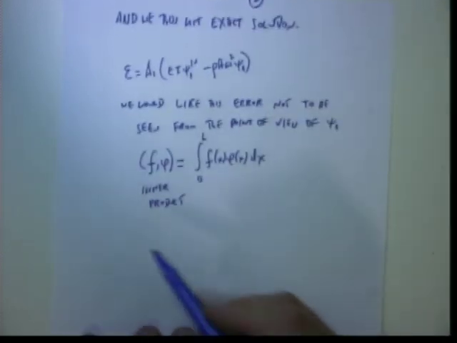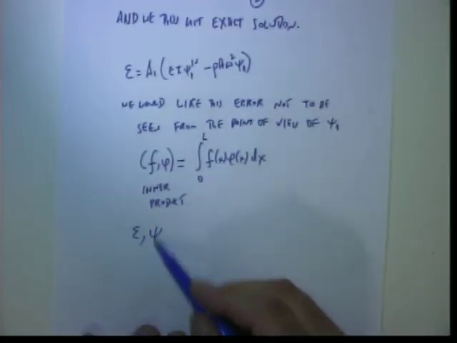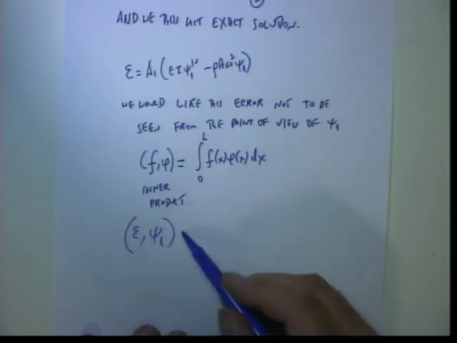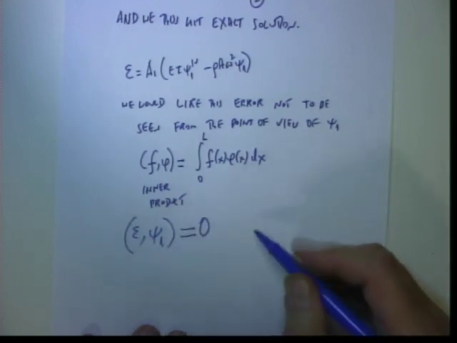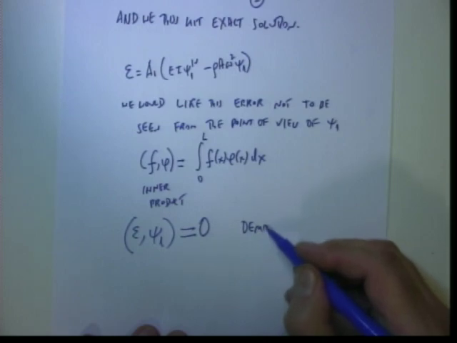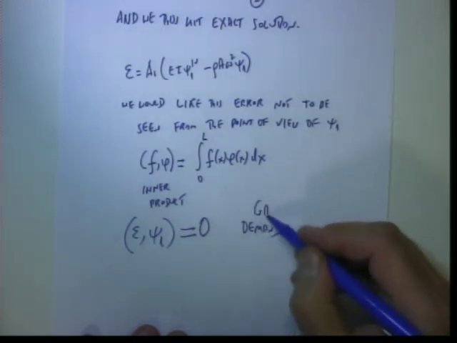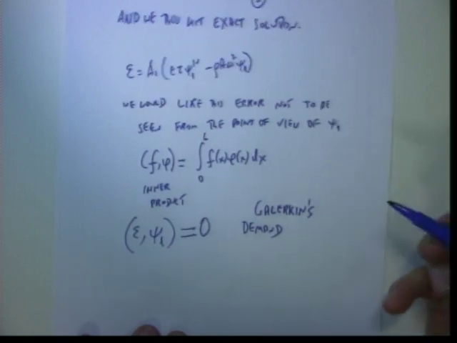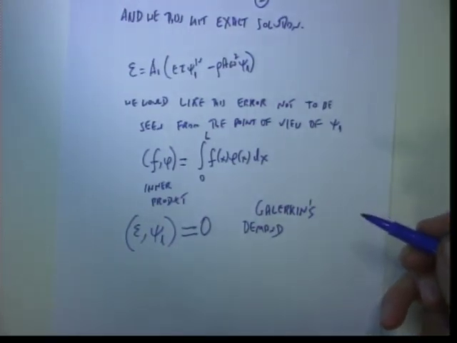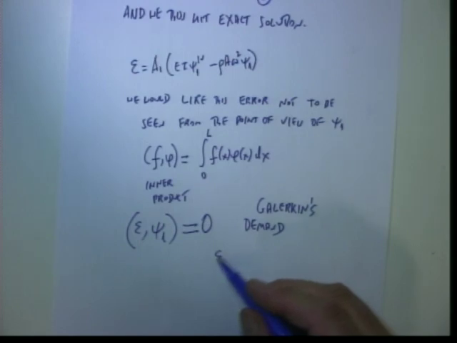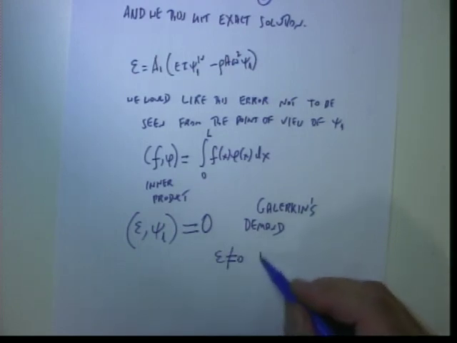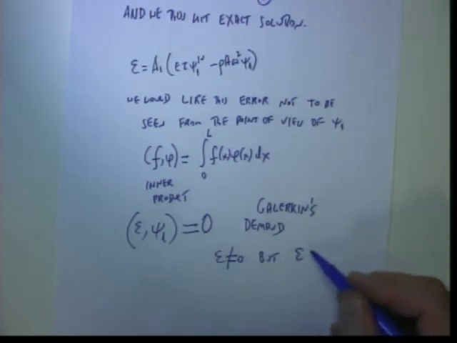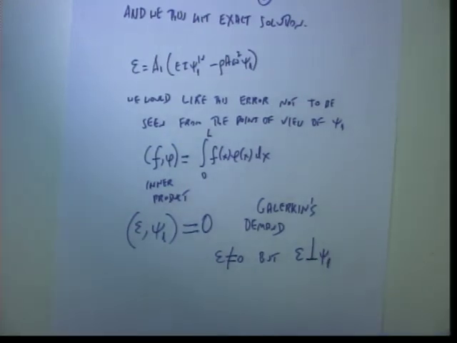So I'm multiplying epsilon by psi1 and I'm demanding that this is 0. So that is Galerkin's demand. So he says, yes, epsilon is not 0, but epsilon is perpendicular, so to say, to psi1. That is what happens.